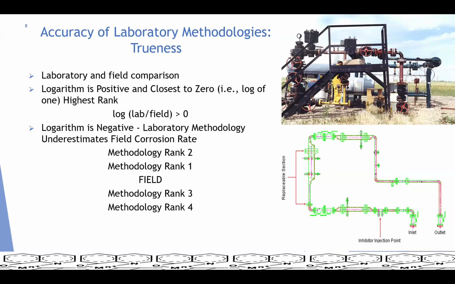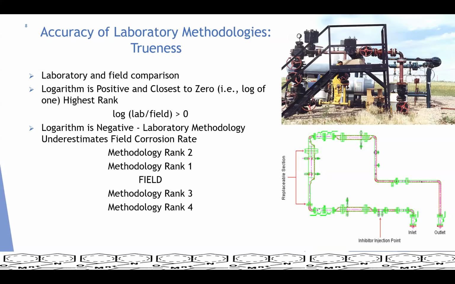Trueness is one part of accuracy. I'm happy to note that Rich McDonald, one of the stalwarts in our industry, is also here in our webinar. And Rich was involved in this project that was conducted by CanMet in the 1990s, which was an extensive project in which both lab experiments as well as field tests were carried out. Field experiments in Alberta and lab experiments in Ottawa in Canada.